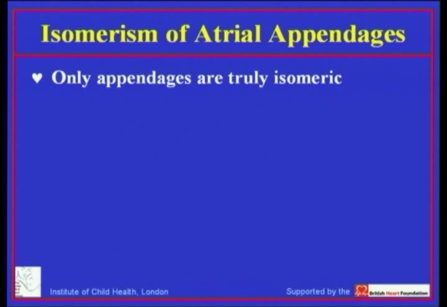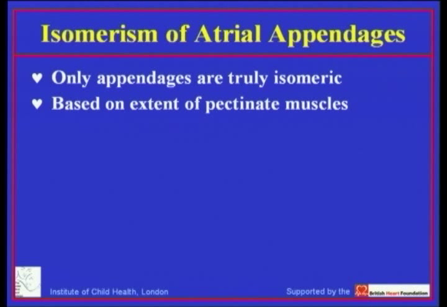We never have atrial isomerism in the setting of, for example, left atrial isomerism, where we would expect 8 pulmonary veins. But on the contrary, in one of the subsets of visceral heterotaxy, always there are 2 left atrial appendages.